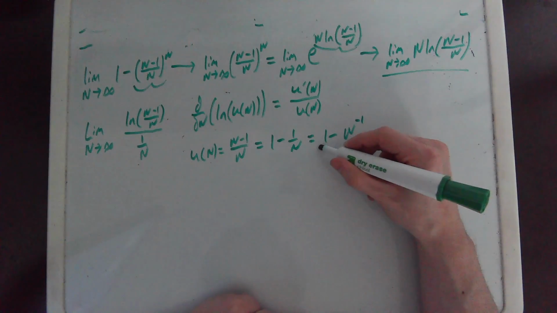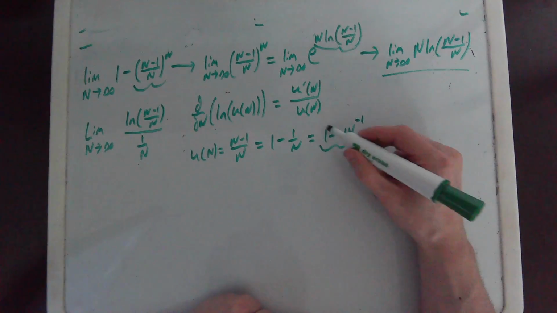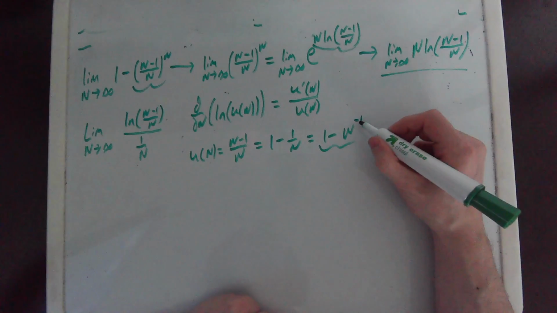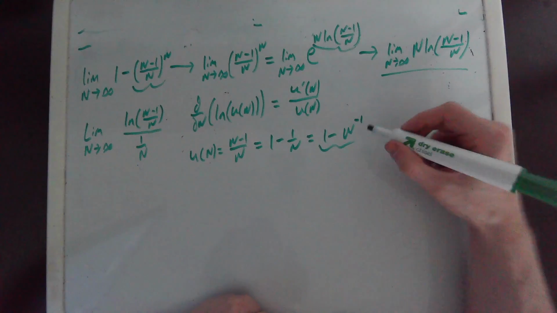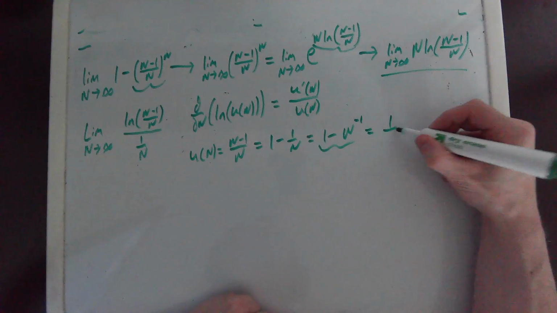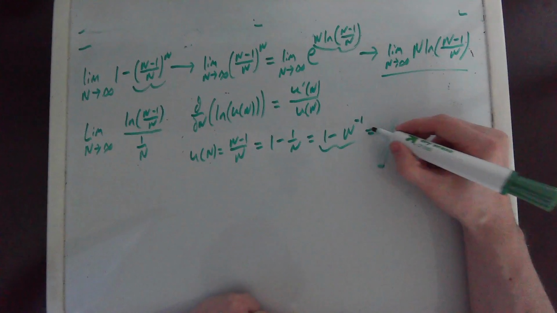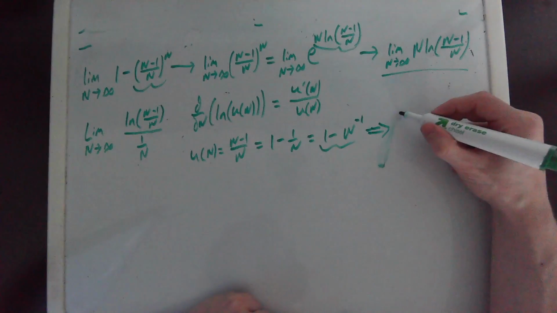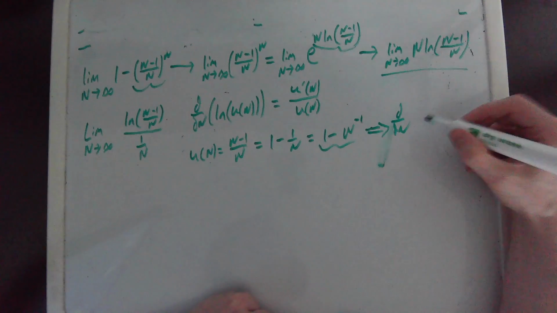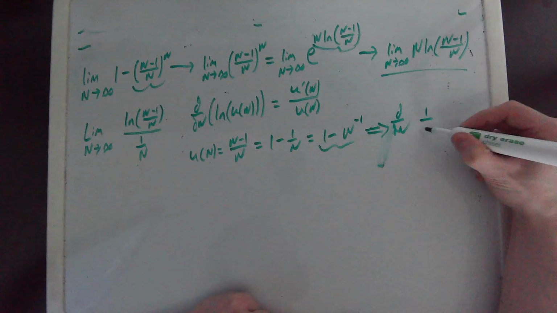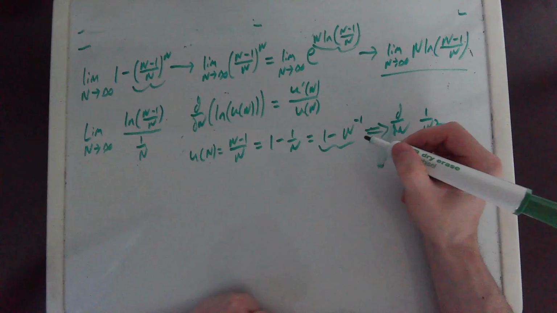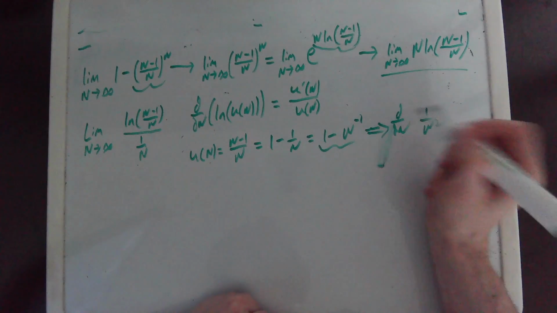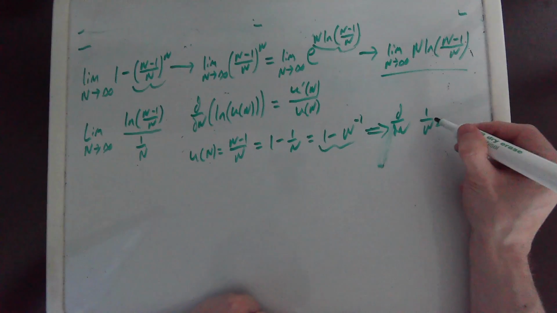Now if we take the derivative of this, the derivative of 1 is just 0, and using the power rule, this is negative 1 times negative n to the negative 2. If we take the derivative with respect to n of this, we get 1 over n squared, because we bring the minus 1 in front, it cancels with that negative, and then we lower the power by 1 to become negative 2, and that just becomes 1 over n squared.